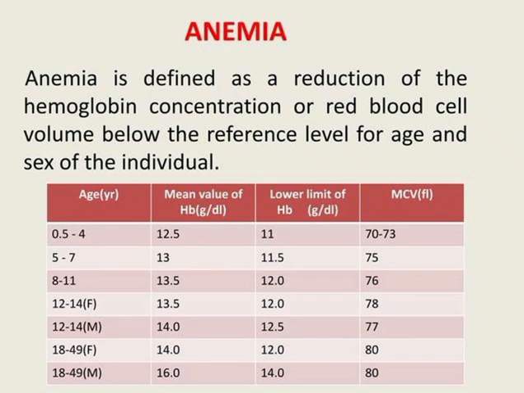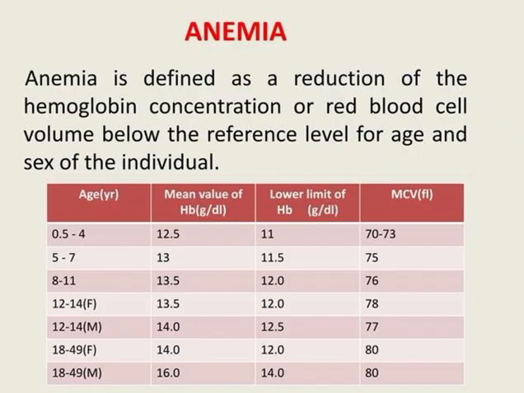First, let's see what anemia is. Anemia is defined as the reduction of the hemoglobin concentration or red blood cell volume below the reference level for the age and sex of the individual. There are certain standard values which show the normal value of the blood in our body.